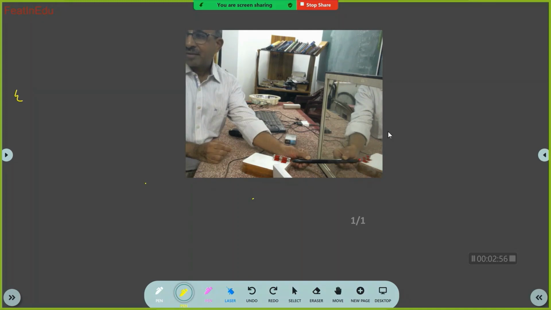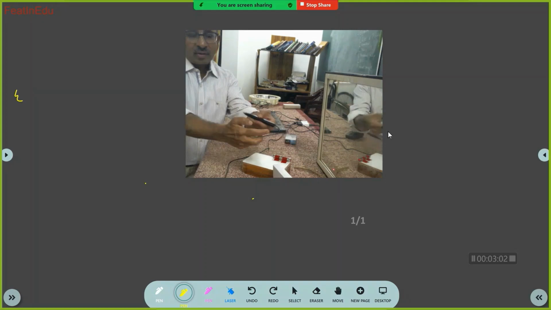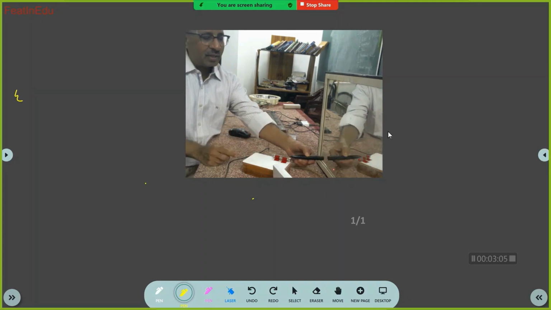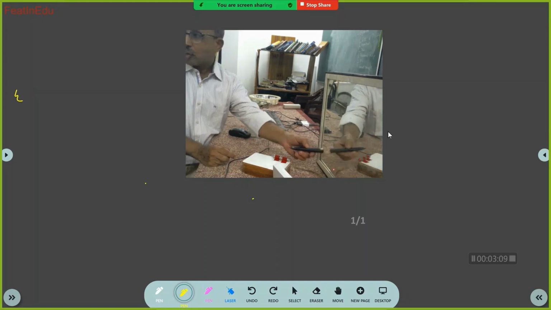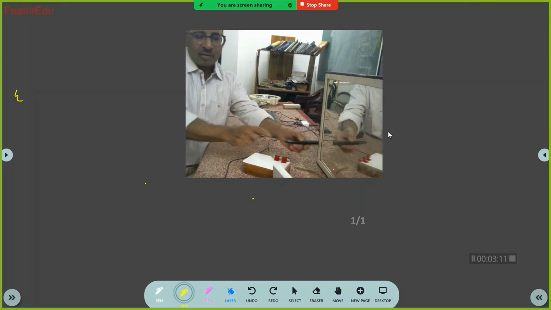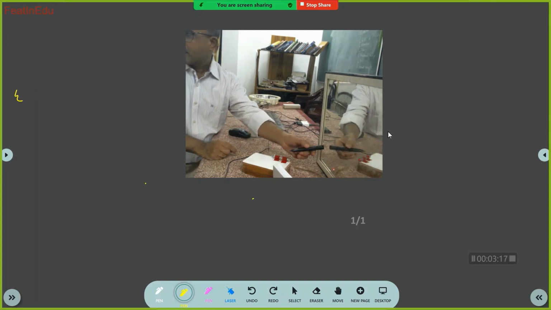You can see the same object, so in the mirror world, you can see the tip and the tail of this. The tail of this is on the mirror, and the tail of the image of this is also on the mirror. And the tip is touching this object, and the tip of the image of this is also touching the image.